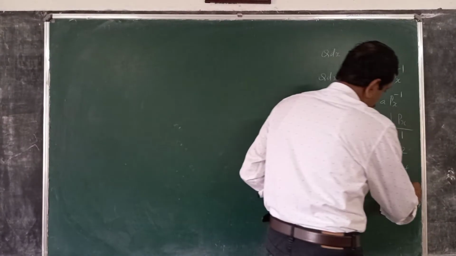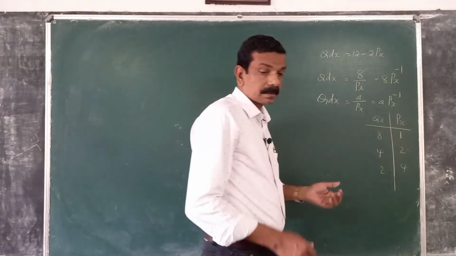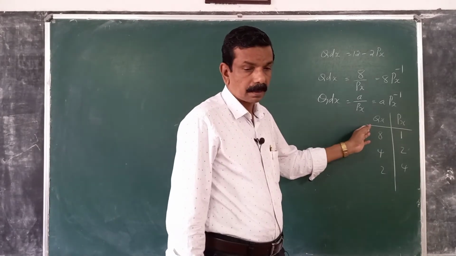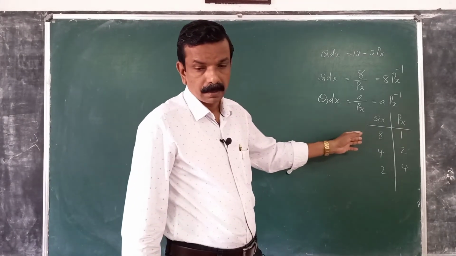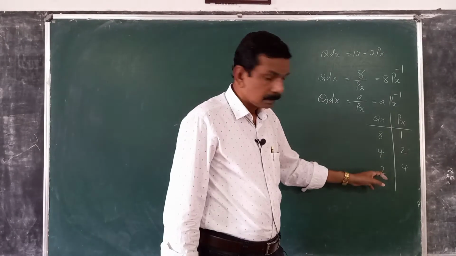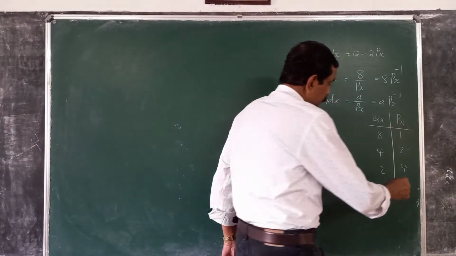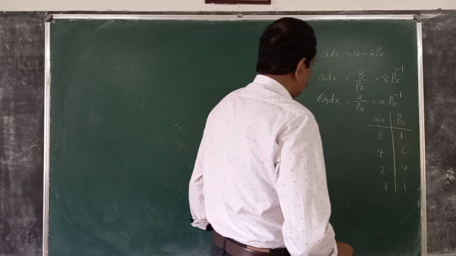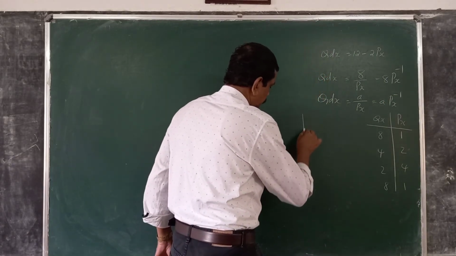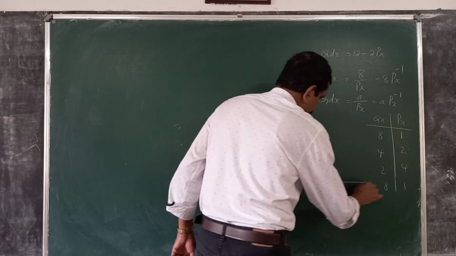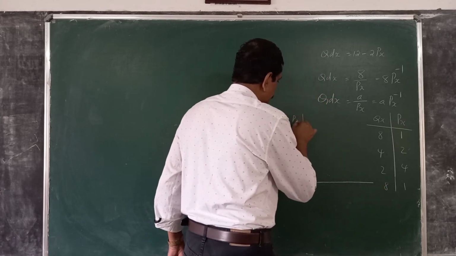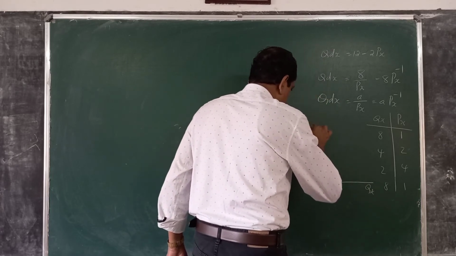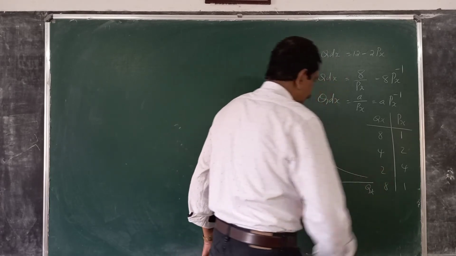Sorry, the values I have taken are 1, 8; 2, 4; 4, 2; 8, 1, like this. Now, if you plot this in the form of a graph, taking Px here and Qx here, you will get a curve like this as the demand curve.